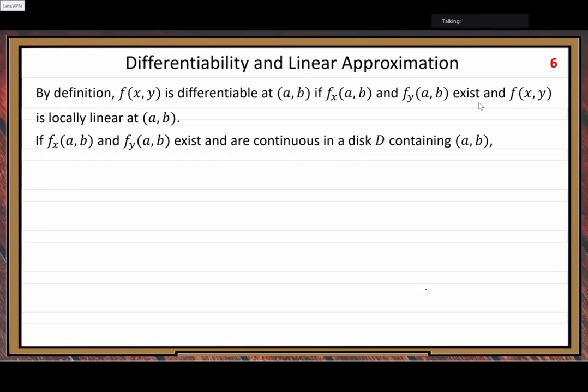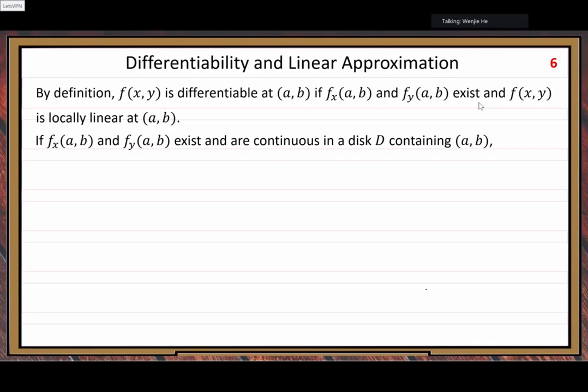This statement, this proposition, gives us a simple way to check. If f sub x at (a, b) and f sub y at (a, b) exist and are continuous in a disk D containing (a, b).